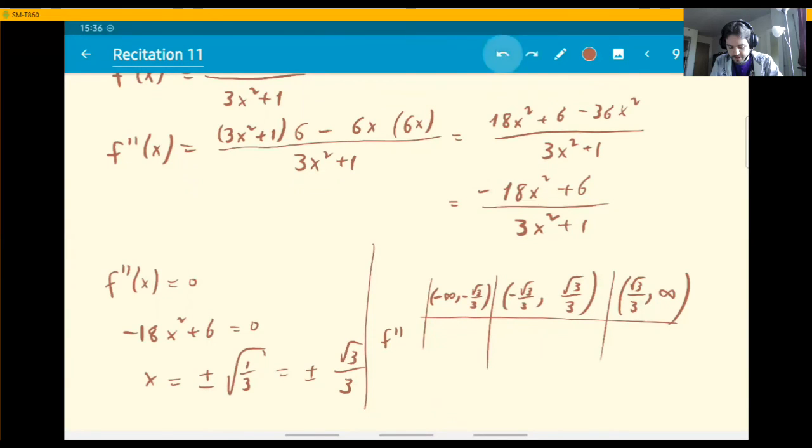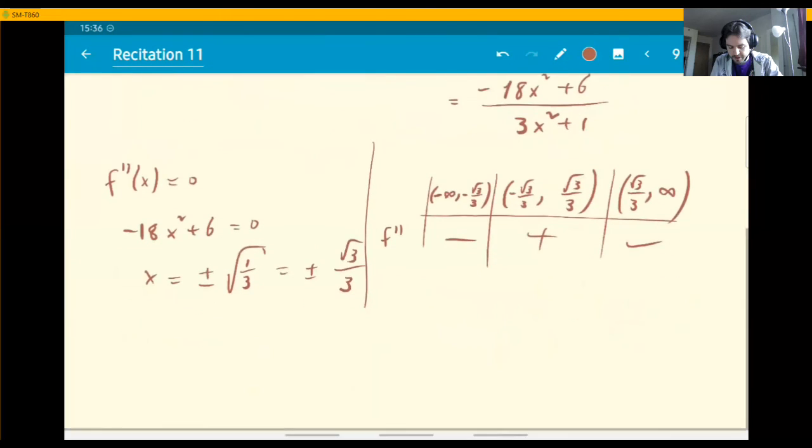So the graph of the numerator is a parabola pointing down. From this, you immediately know the signs should be minus, plus, minus. There's no need to actually plug in points to see, but you could do that too.